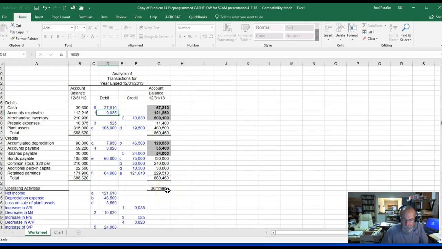And is our cash balance correct? And it is 67,210.